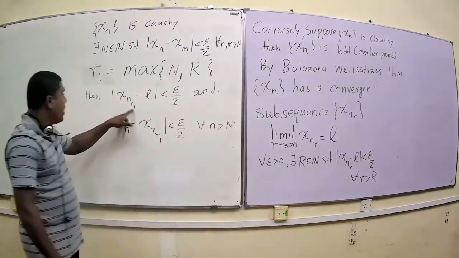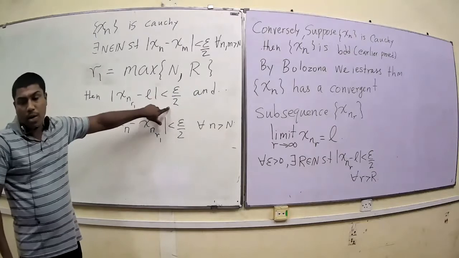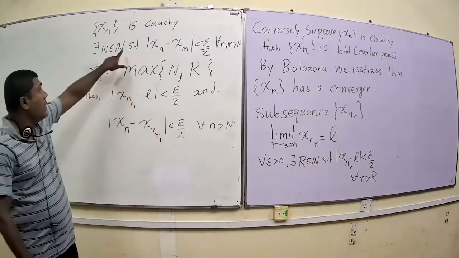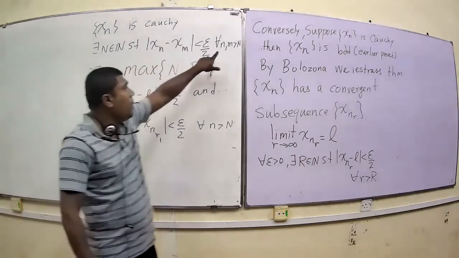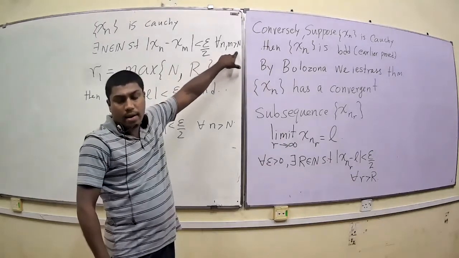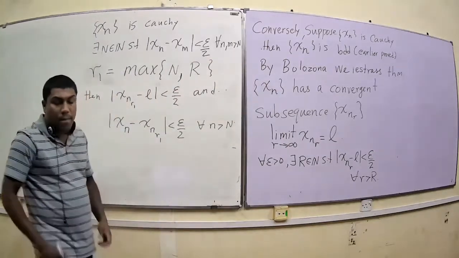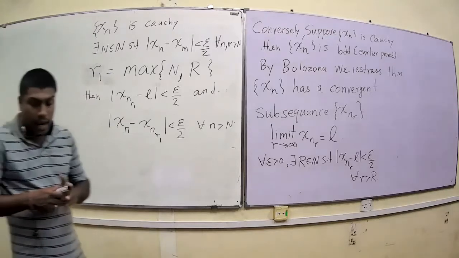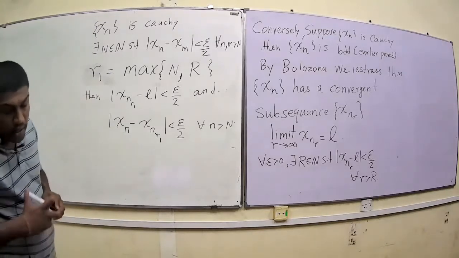So then |x_{r1} minus L| is less than epsilon over 2. And this result is true for all m, n greater than N, right?